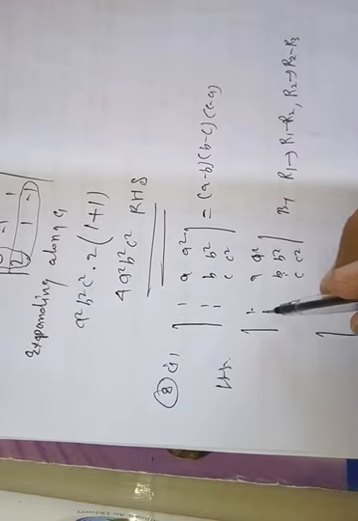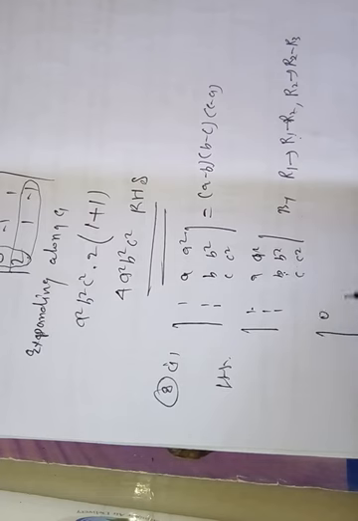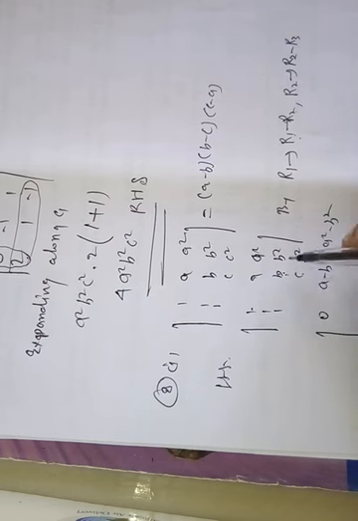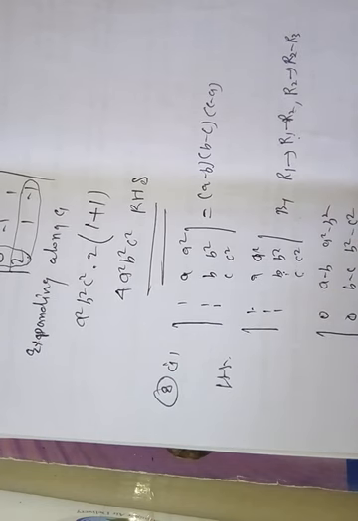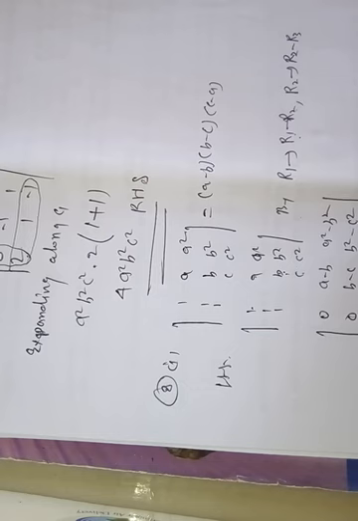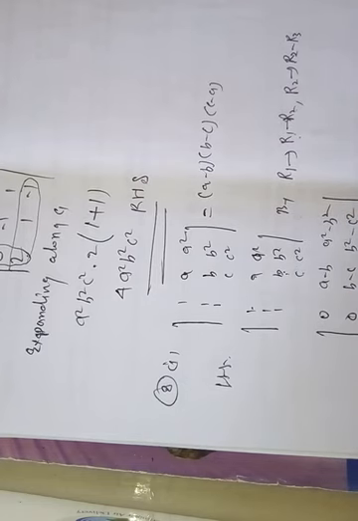Determinant: r1 minus r2 gives 0, a minus b, a square minus b square, and r2 minus r3 gives 0, b minus c, b square minus c square. The third row is the same, 1, b, b square.